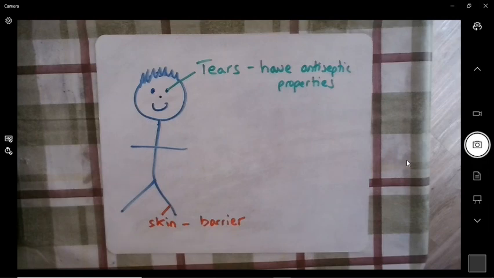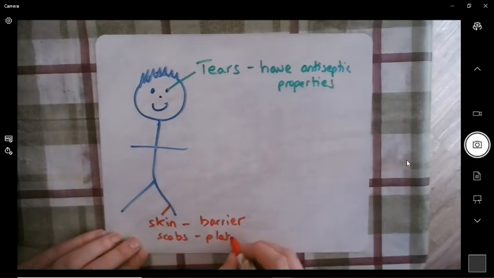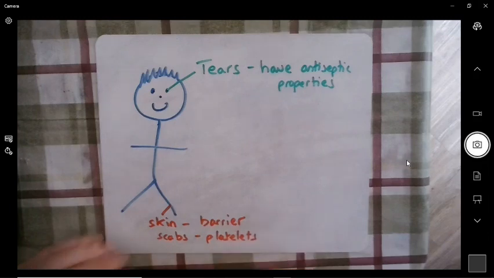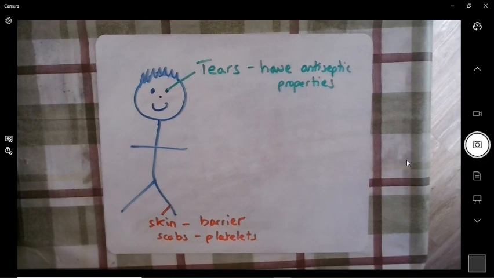And even if you break that barrier with damage, let's say you get a cut, that's when you get scab formation, which is because of platelets, that component of the blood that does blood clotting. So there's a nice link to the circulatory and health topic here as well, the idea of platelets taking part in this protective mechanism.